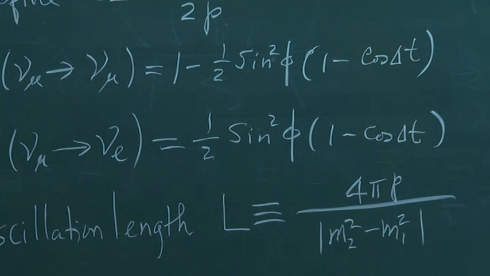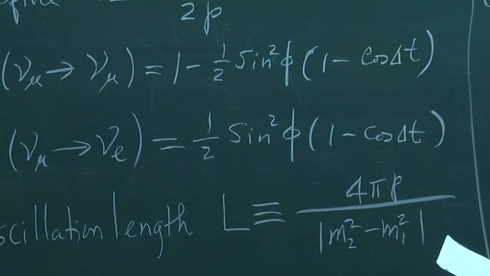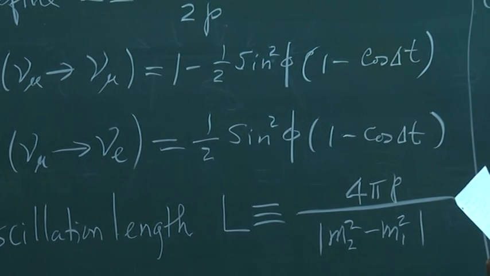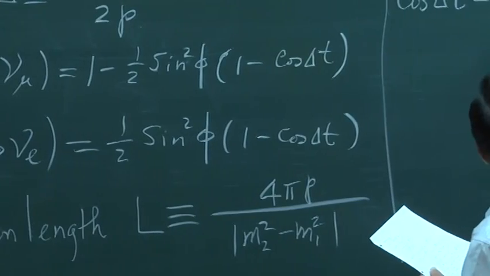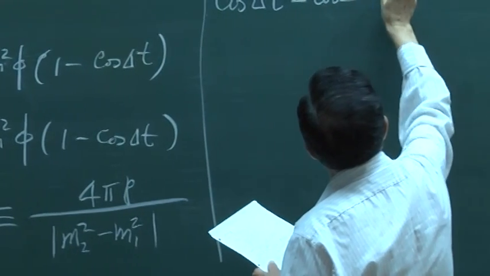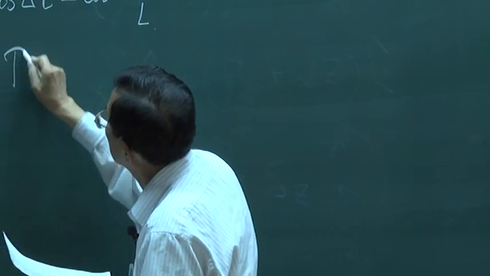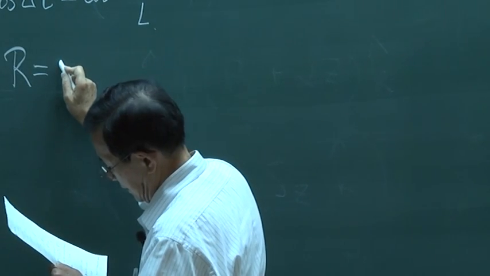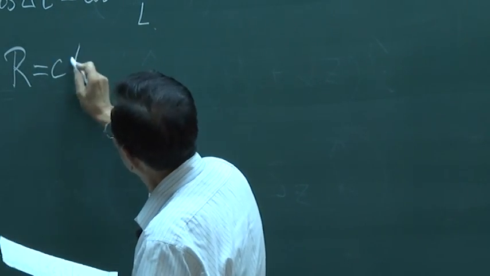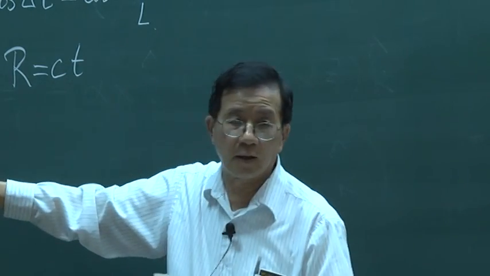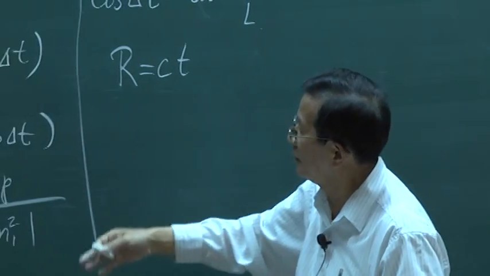And then cosine delta t can be written as cosine 2 pi R divided by L. And R is c times t, where c is 1 in natural units.